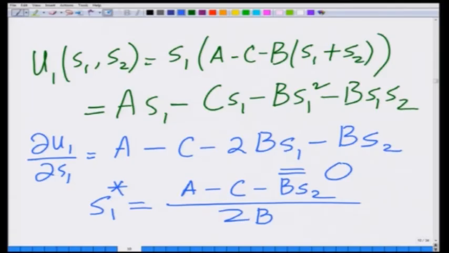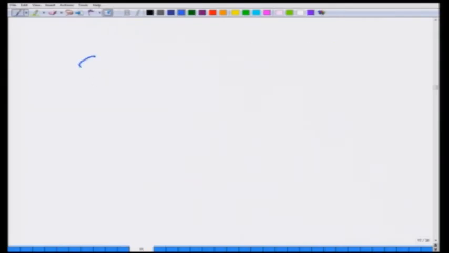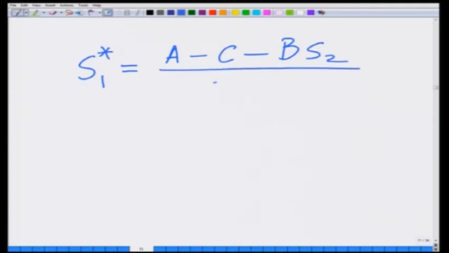Let me write this down again clearly. S1 star equals (A minus C minus B S2) divided by 2B, and in fact, this is S1 star equals BR1 of S2.